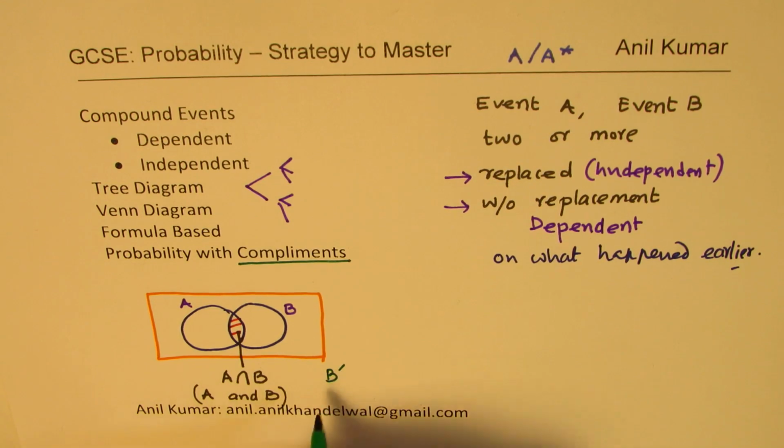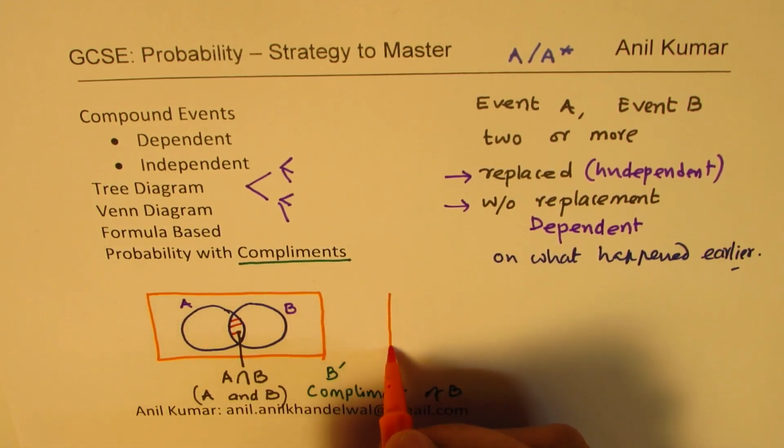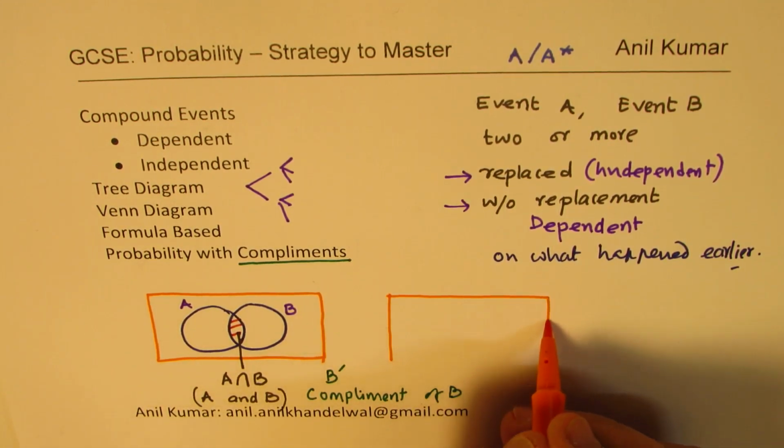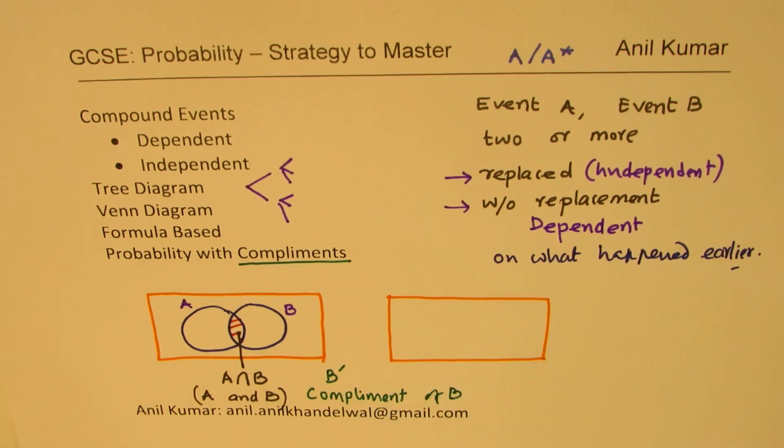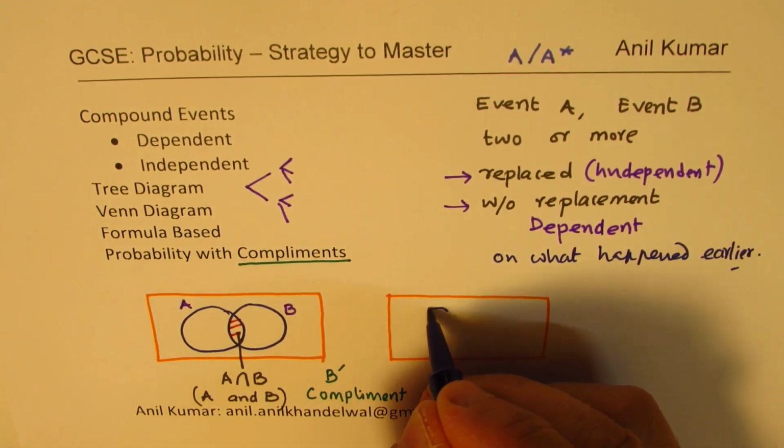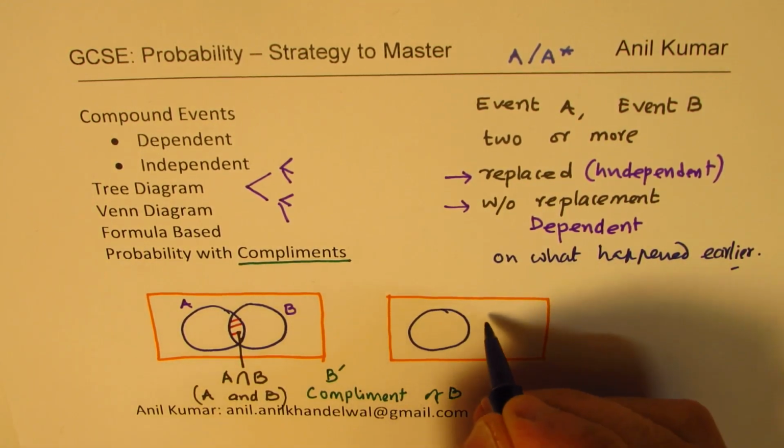If I write this, that means complement of B. Let me make another diagram to illustrate complement. These are important issues, so it's better to go through them before we get into our questions, which will be relatively simple and straightforward.